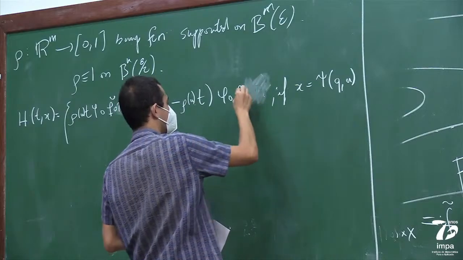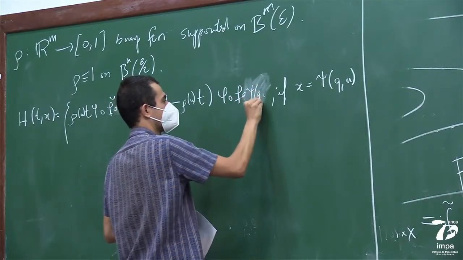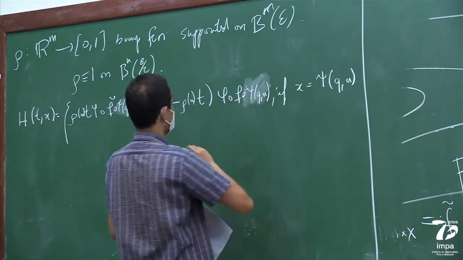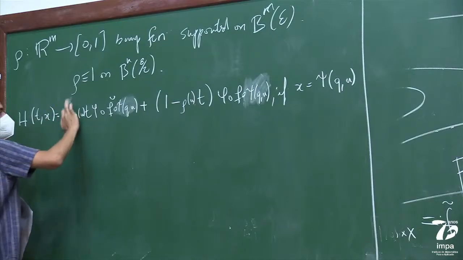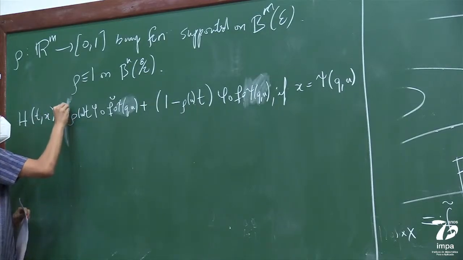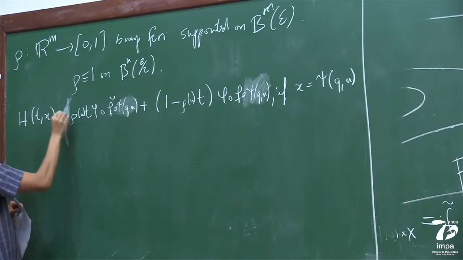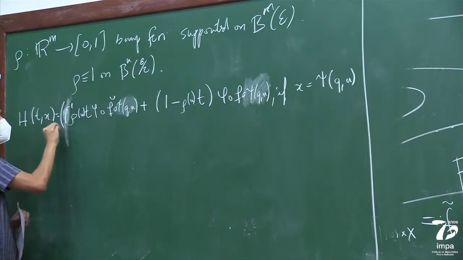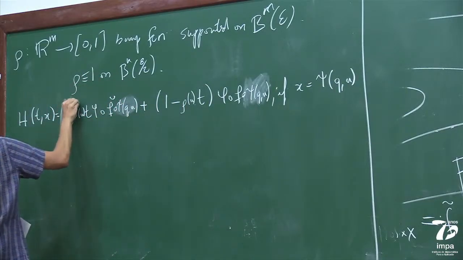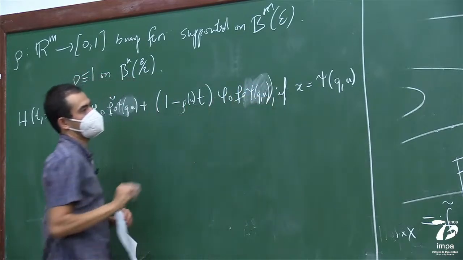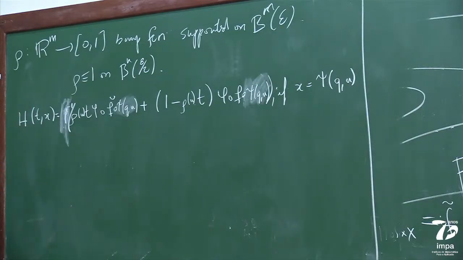So you can see the composition of the three functions here. This is the linear interpolation in R^m, and now you have to bring it back to S^m. So you just write down the stereographic projection again. So you did the linear interpolation, but you put the bump function.